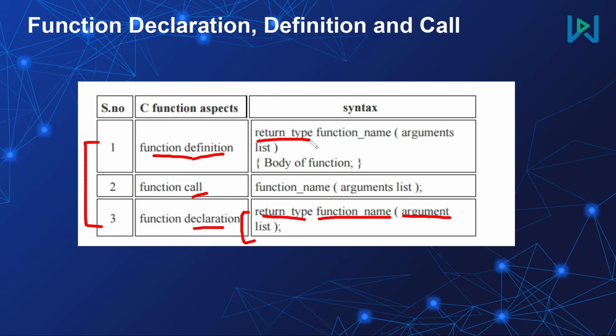So the return type, the function name, and the list of the input arguments. However, what we are going to add on top of the declaration will be the actual implementation of the body of the function.